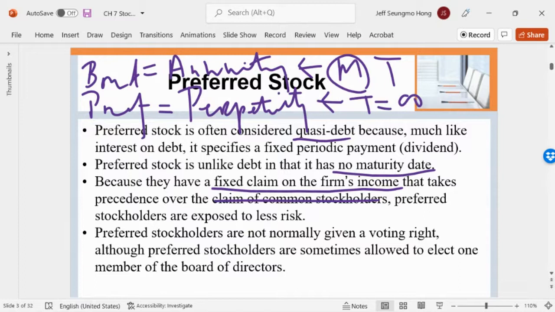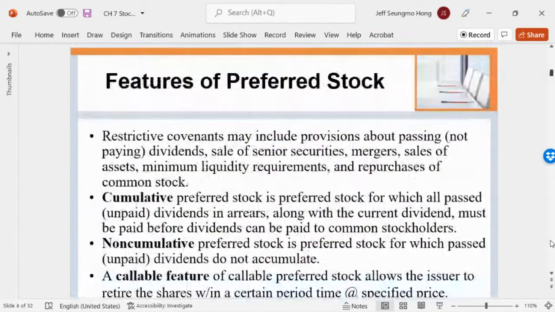That's why preferred stockholders are exposed to less risk. However, preferred stocks don't come with voting rights. That's why preferred stock is not true equity. Sometimes they're allowed to elect one member of the board of directors, but it doesn't come with the vote.